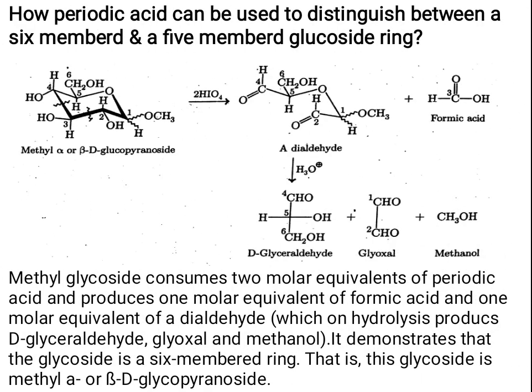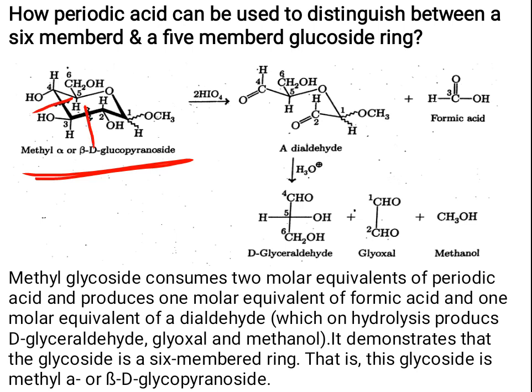How periodic acid can be used to distinguish between a 6-membered and a 5-membered glycoside ring. So this is your methyl alpha or beta D-glucopyranoside. That means simply methyl glucopyranoside. If you oxidize it with periodic acid, you will get a dialdehyde.